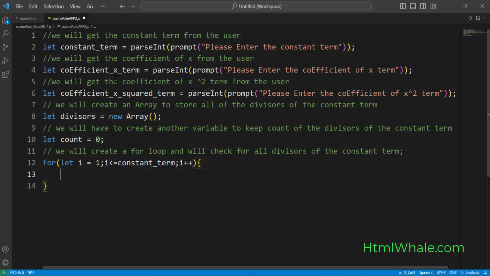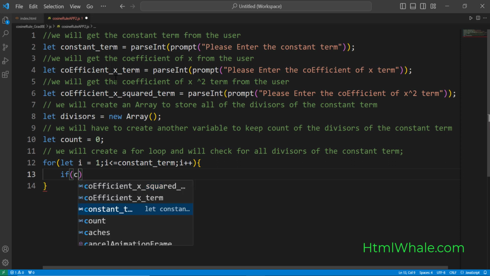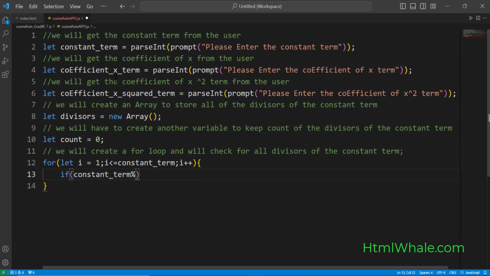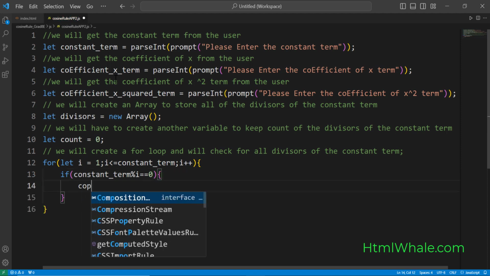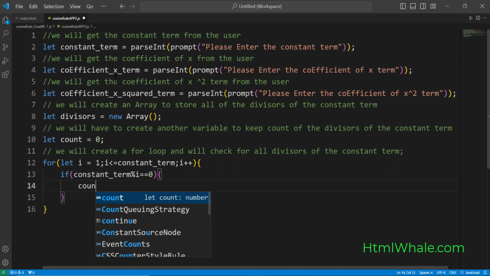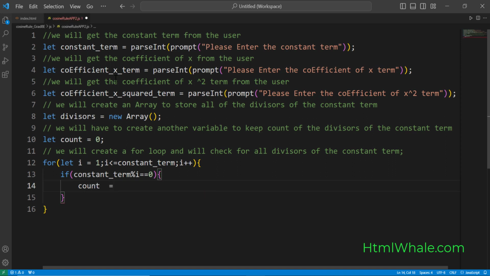Now this is the conditional check. If the constant term modulo I is equal to 0, that means it's a divisor. Then I'm going to say count is equal to count plus 1.